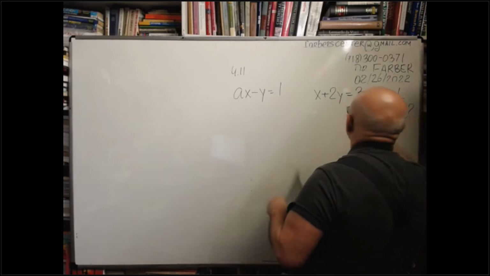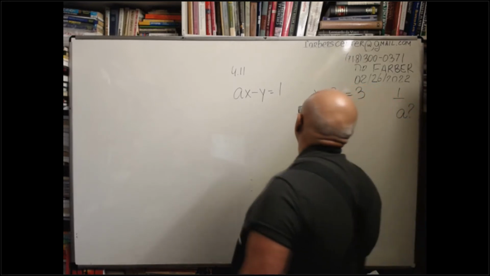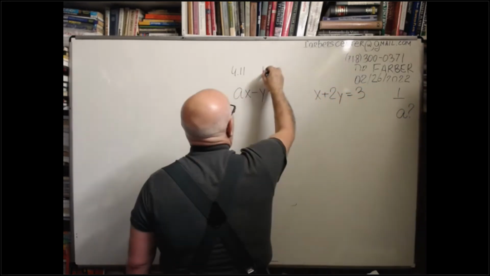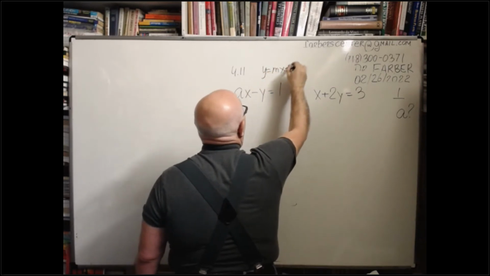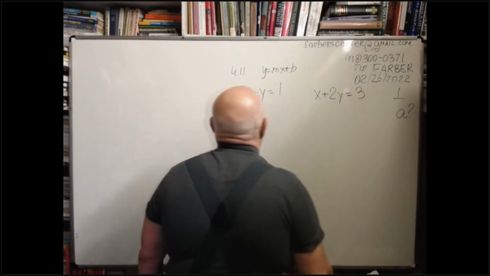A is question mark. Well, you can rewrite in the format y equals mx plus b. Let's say this one.